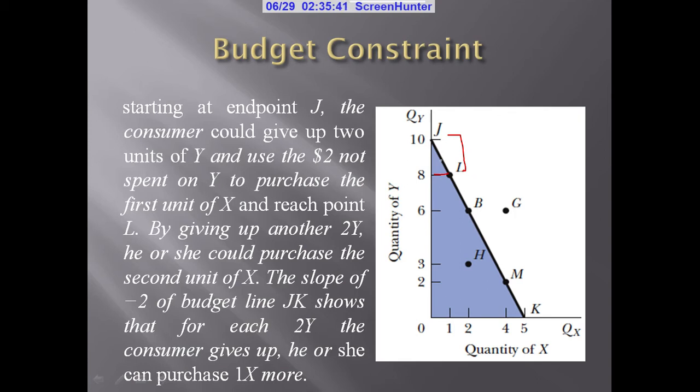Total expenditure on X equals the price of X, $2, times the quantity, 1 unit. So 2 multiplied by 1 equals 2. 8 plus 2 equals 10. Along the budget line, the individual exhausts all of his income.